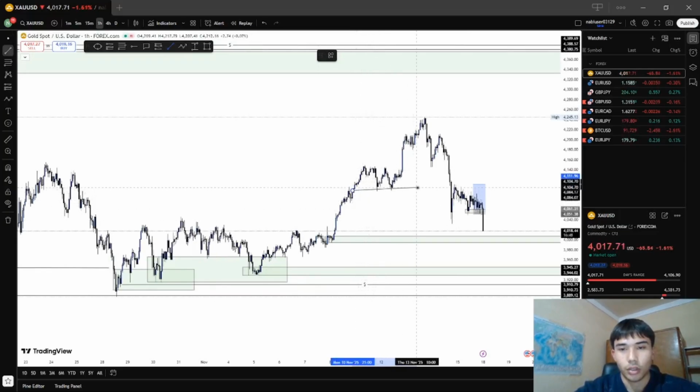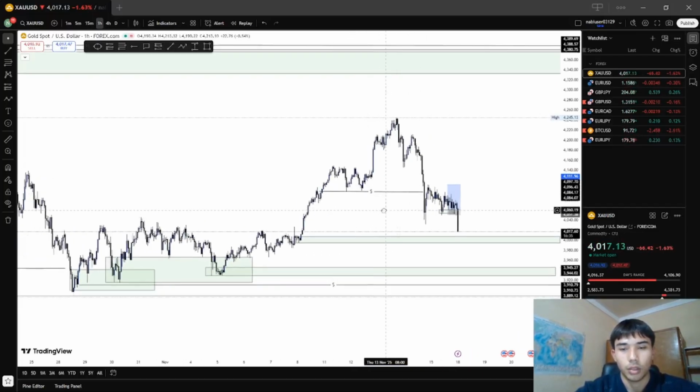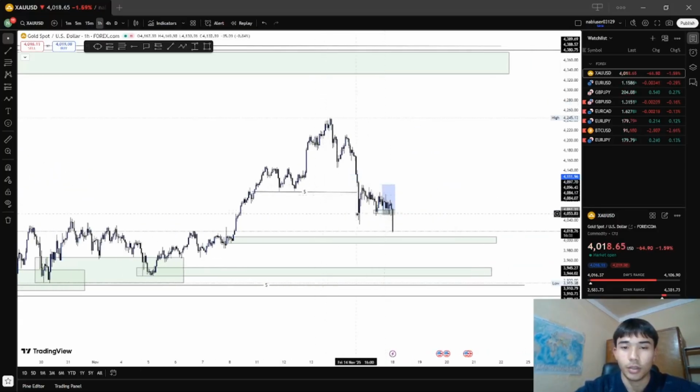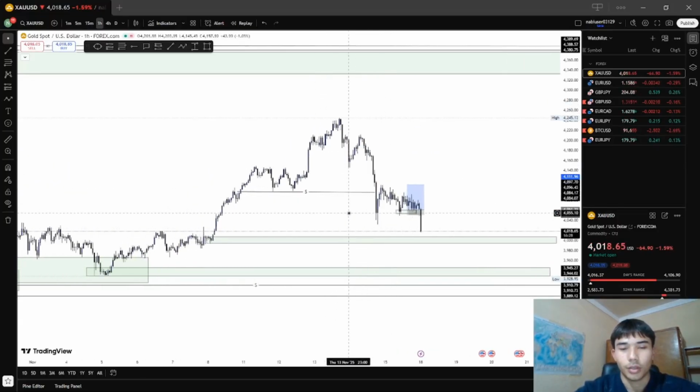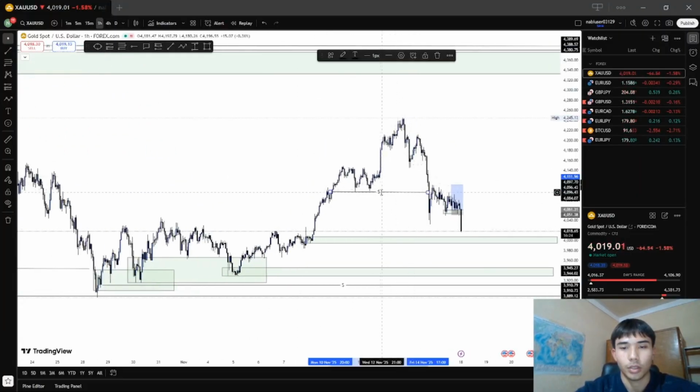I actually thought this was the liquidity sweep that I was looking for throughout the day, and it wasn't, because when price came here, I thought it was a market shift. It isn't a market shift. It's just a liquidity sweep.